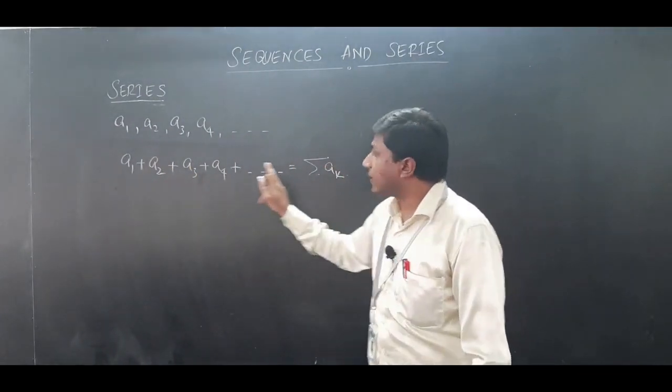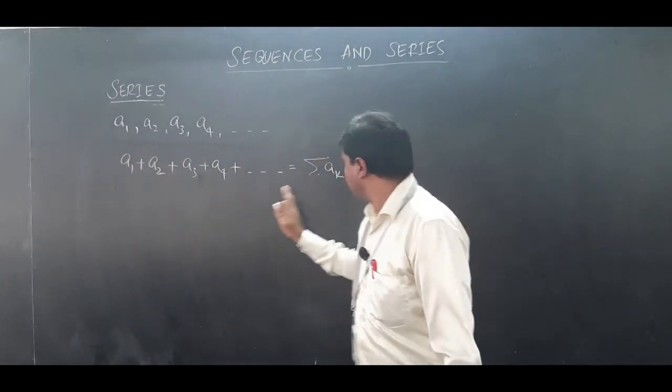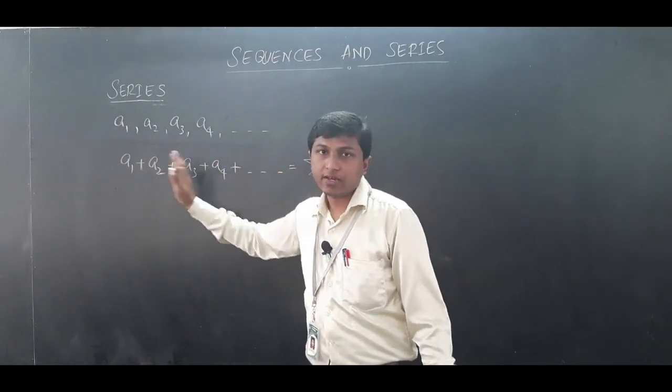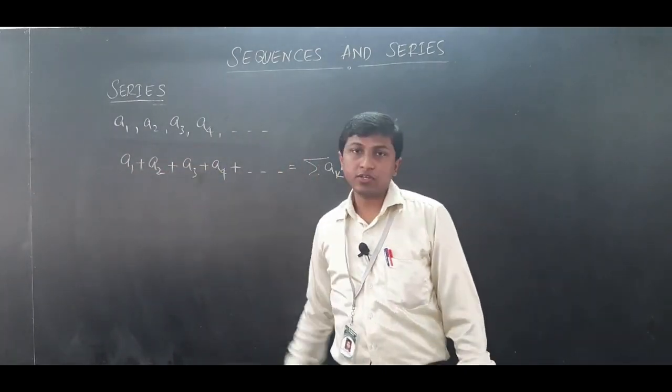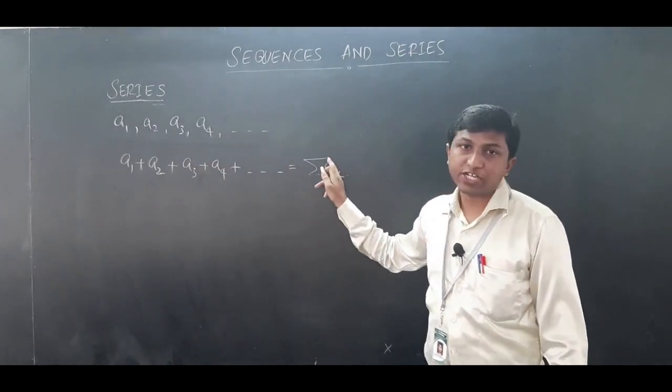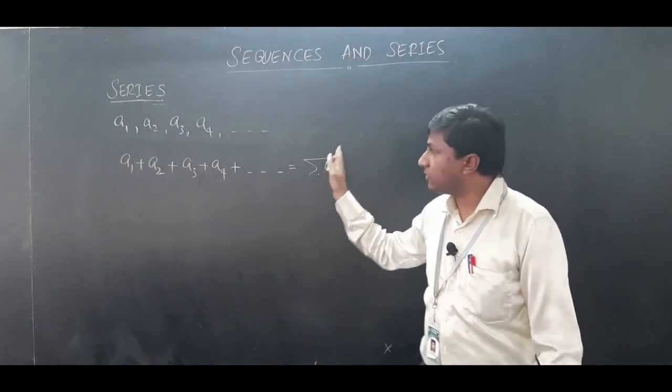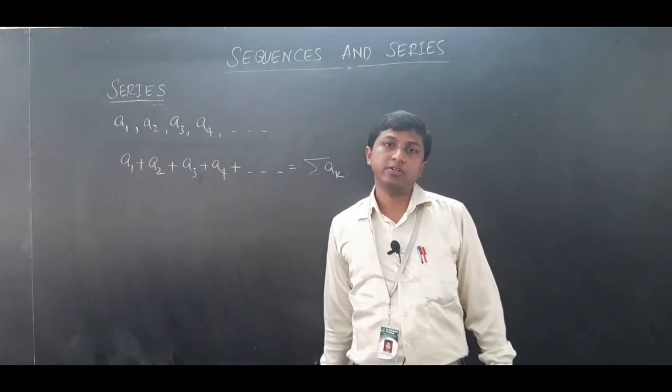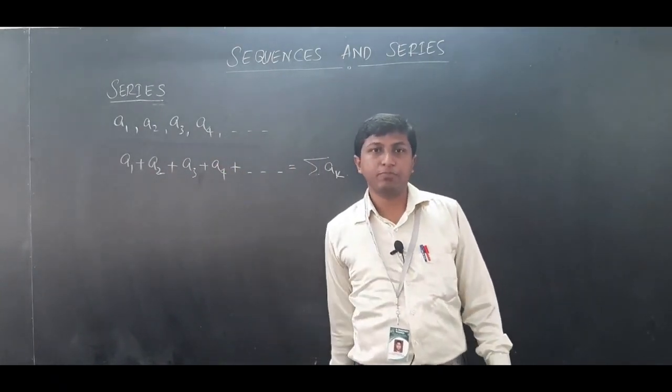When k takes the value 1, we get A1. K takes the value 2, we get A2. K takes the value 3, we get A3 and so on. So this is the sigma notation for this particular series. So this is as simple as that.